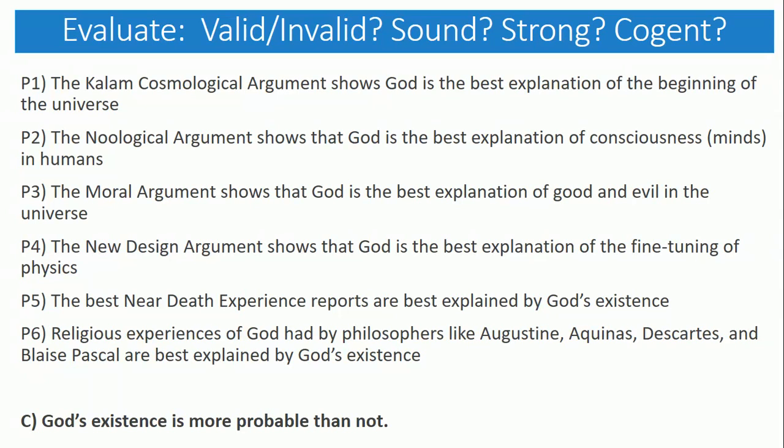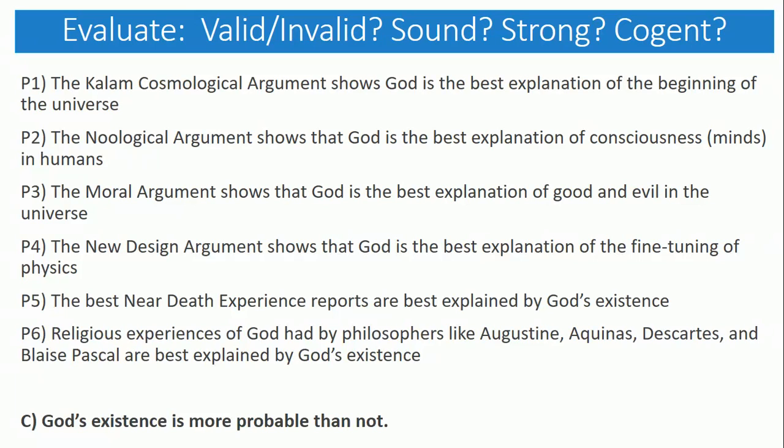The new design argument shows that God is the best explanation of the fine-tuning of the physics. Premise 5. The best near-death experience reports are best explained by God's existence. Premise 6. Religious experiences of God had by philosophers like Augustine, Aquinas, Descartes, and Blaise Pascal are best explained by God's existence. Conclusion. Therefore, God's existence is more probable than not.